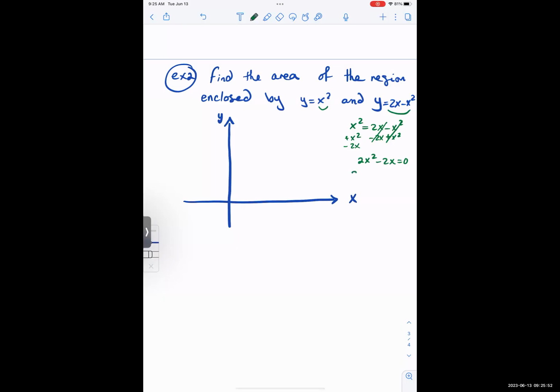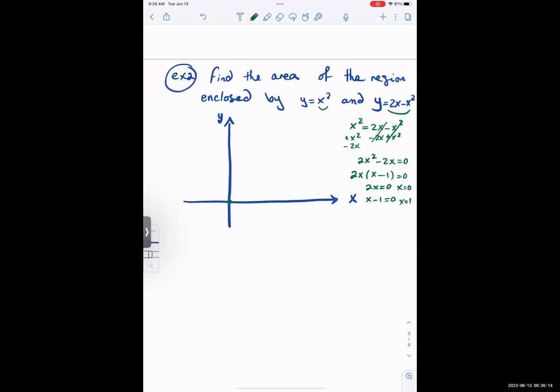Okay, so you factor 2x and you have x minus 1 equal to 0. So 2x is 0 or x minus 1 is 0. From here, x is 0. For here, x is 1.